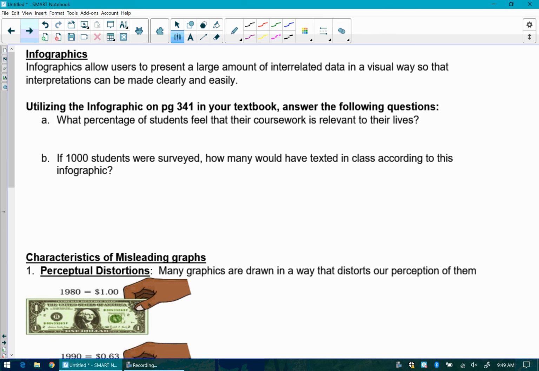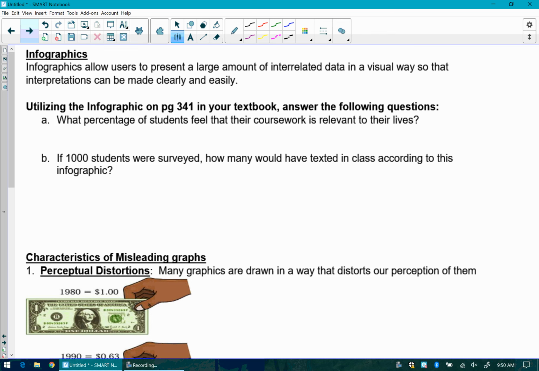So the infographic that you'll see in your book on page 341 is in reference to college being a valuable experience. And the point of an infographic is that you can provide a wealth of information, statistics that have been studied, and you can provide that all in one spot.